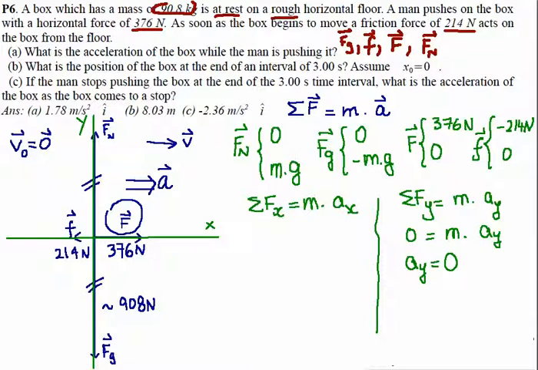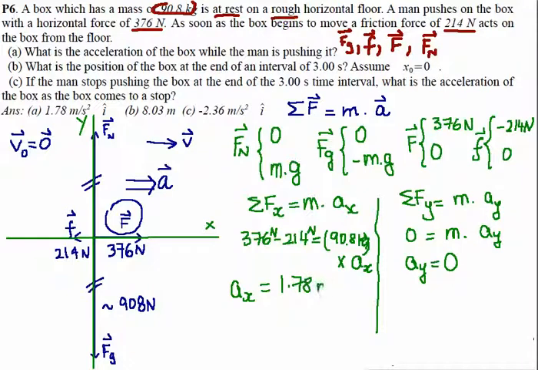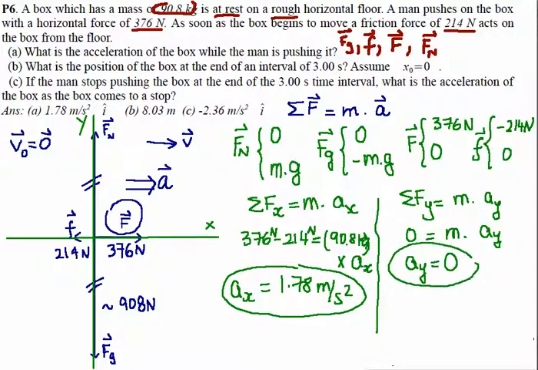Along the x-axis, you get 376 minus 214 newtons is equal to the mass, which is 90.8 kilograms, times the acceleration. You solve for ax, and you obtain 1.78 meters per second squared. Now, if you look at those two components, you can conclude that the acceleration is 1.78 meters per second squared i hat.